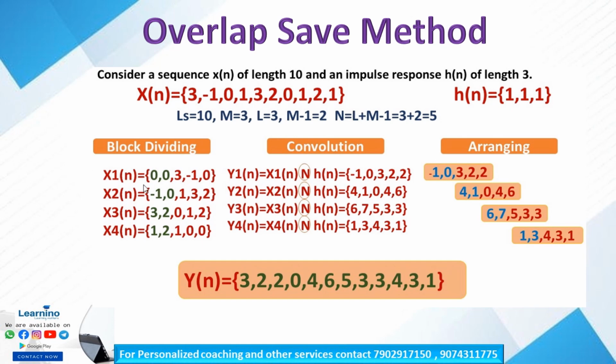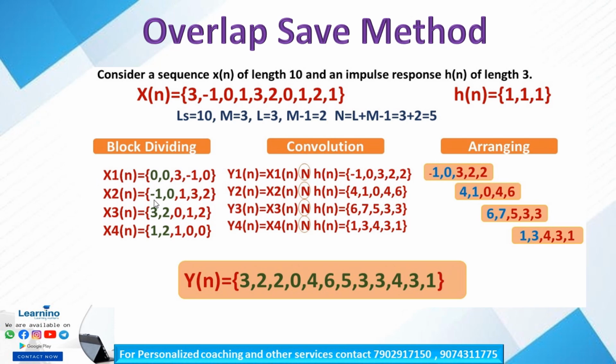For the first block, the first M minus 1 points, that is 2 points, are set to 0, and then the 3 new data points are taken from the input sequence as 3, minus 1 and 0. So that is the case of the first block.